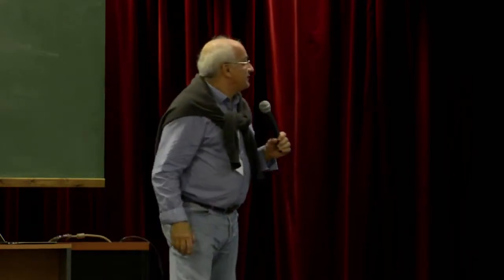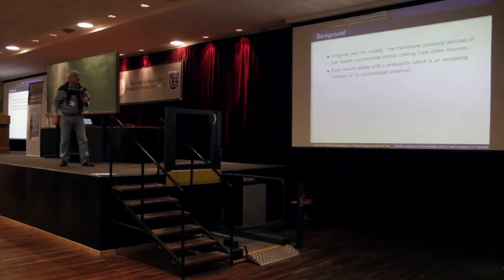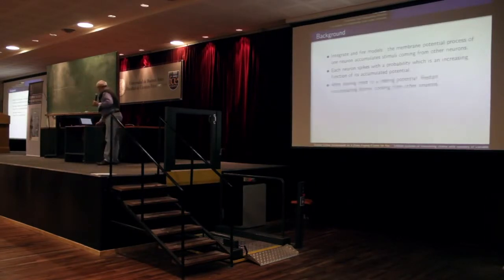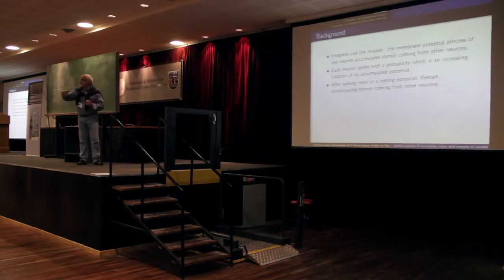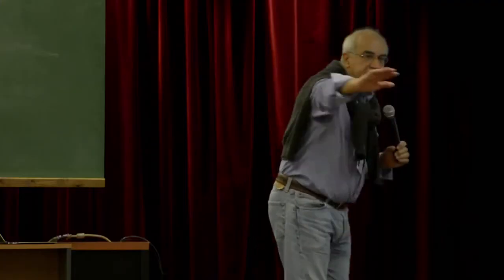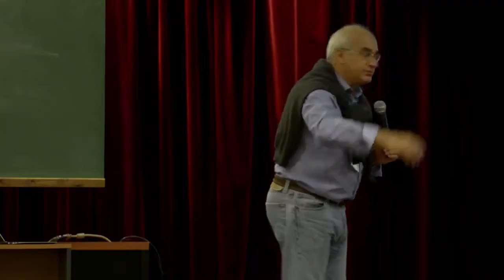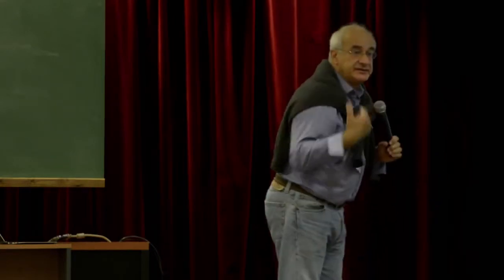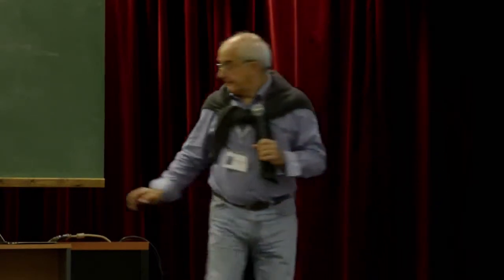Each neuron spikes with a probability which is an increasing function of its accumulated potential. And after spiking, it resets its membrane potential to 0. Let's put 0; it's not 0, it's something negative, but let's put 0. And it restarts receiving stimuli.